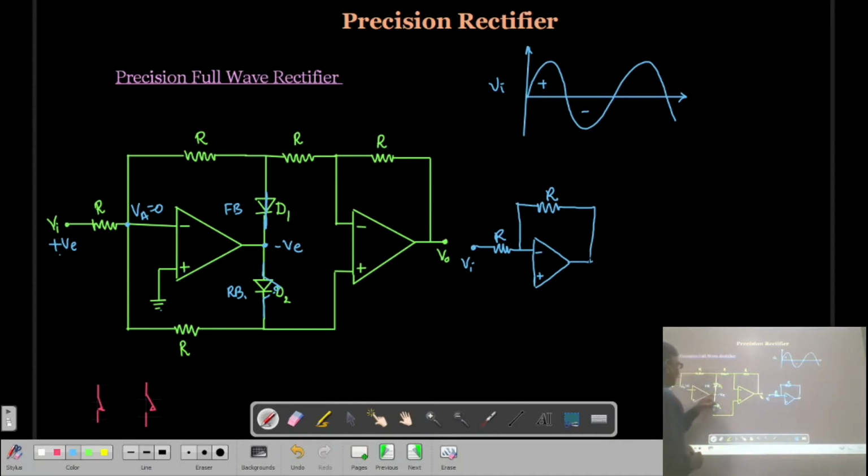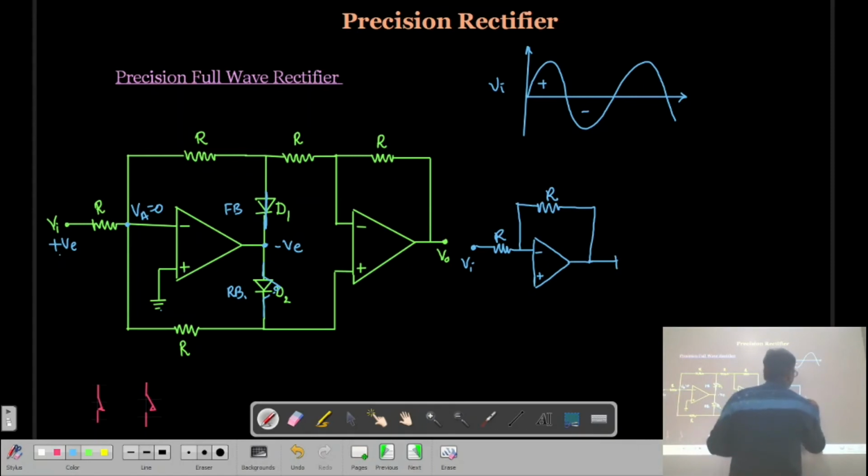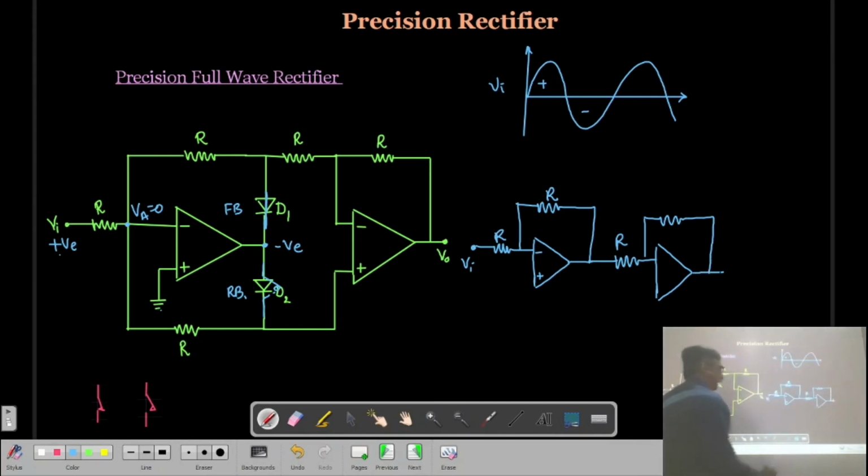Then this output is connected to this resistance R, and then here again we have another operational amplifier. Now try to understand, this terminal is ultimately connected where?